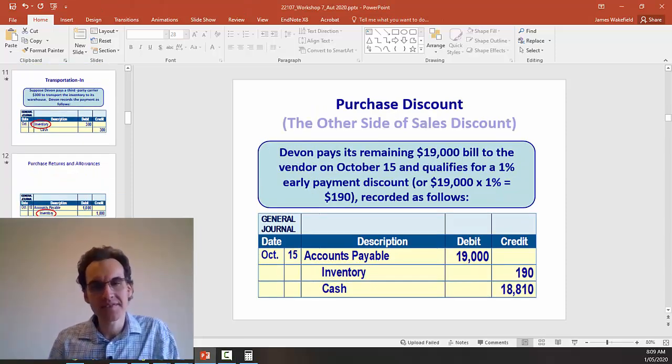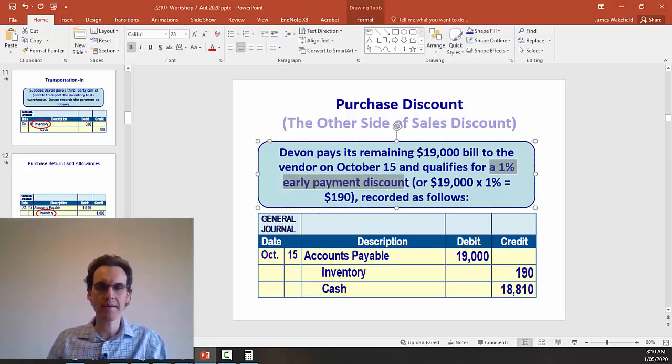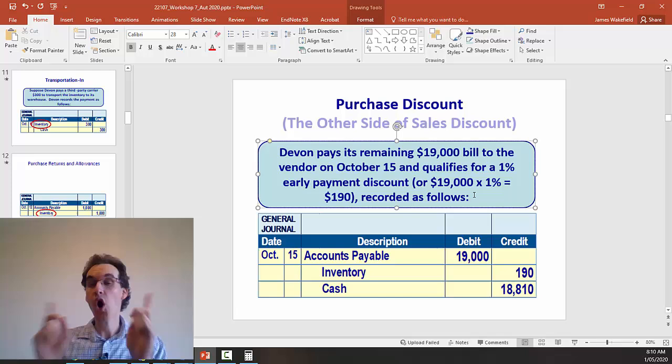Now, what happens if a retailer receives a purchase discount? So let's say that Devon pays its remaining $19,000 bill to the vendor on October 15 and qualifies for a 1% early payment discount. So 1% of 19,000 is $190. So remember here, we report inventory at the cost value, which means cost value is equivalent to what we actually pay.